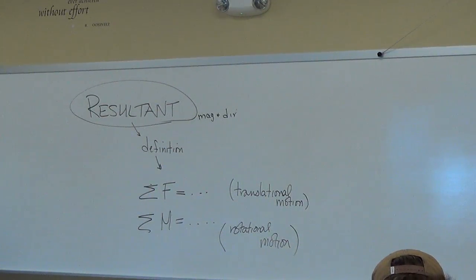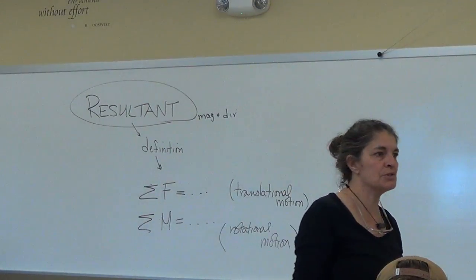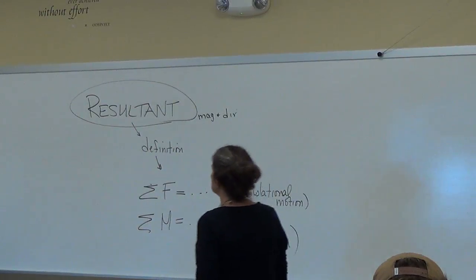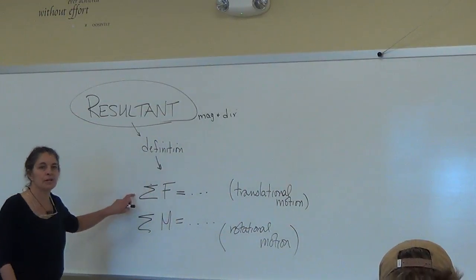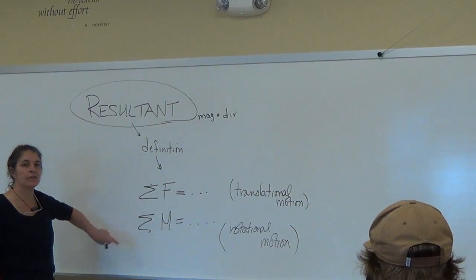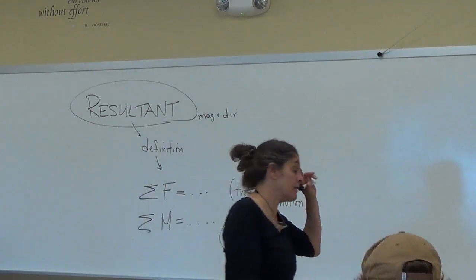When you came into this class, if I asked you for the definition of a resultant, you would have told me it was the sum of the forces. And maybe even now. But now we moved into moments. So no longer is the resultant only representing forces. The resultant is representing the forces and the moment. So if I spin and move this way, what is my resultant?